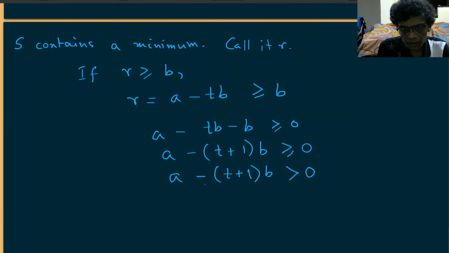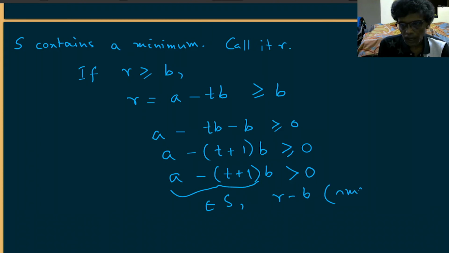And therefore this quantity is again in S, and it is nothing but R minus B, so smaller than R. So this is a contradiction, therefore I must have R less than B.